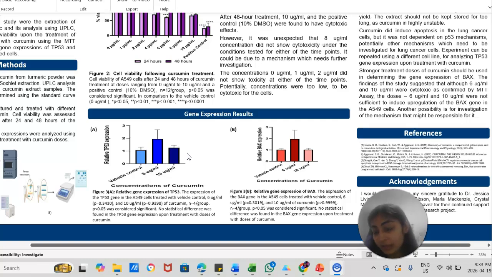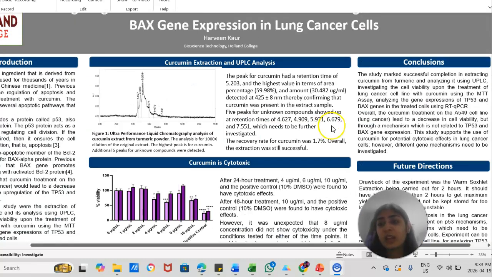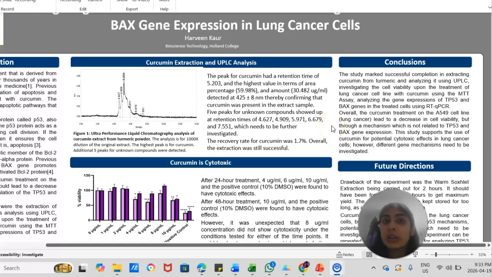What I'm suspecting is that curcumin does induce cytotoxicity and apoptotic effects, but that might not be linked to these two genes. Maybe they are linked to different gene mechanisms which need to be further investigated. Overall, the experiment was successful. Curcumin was extracted. Curcumin showed cytotoxicity in the MTT assay. However, there was no upregulation of either of the genes, as we noticed.